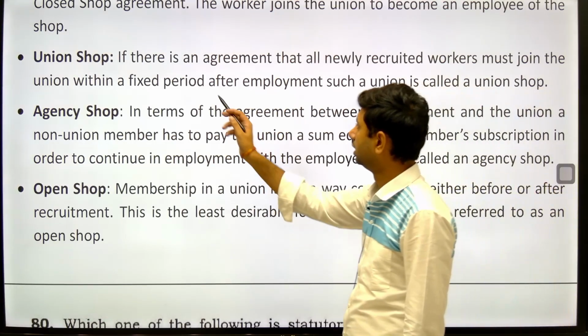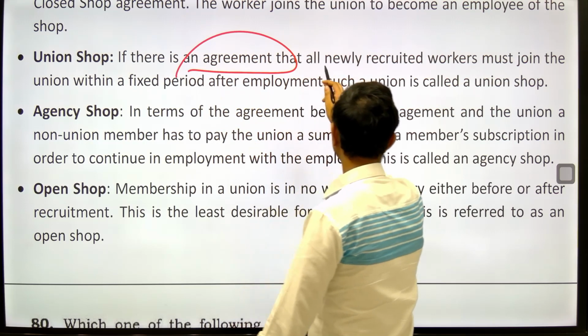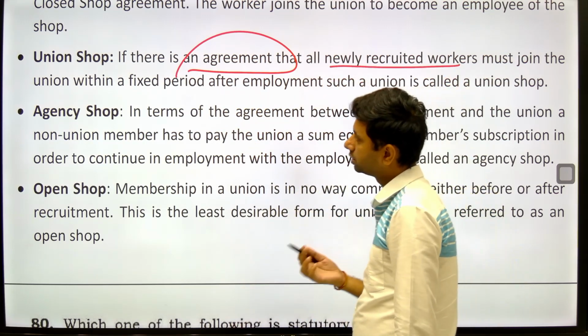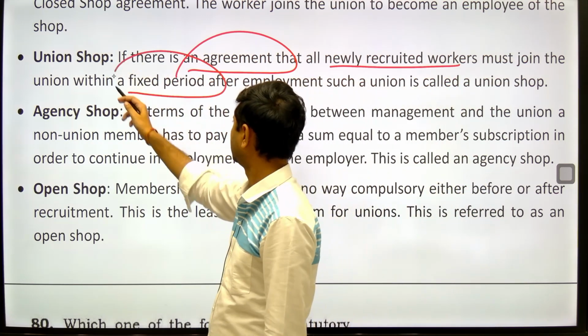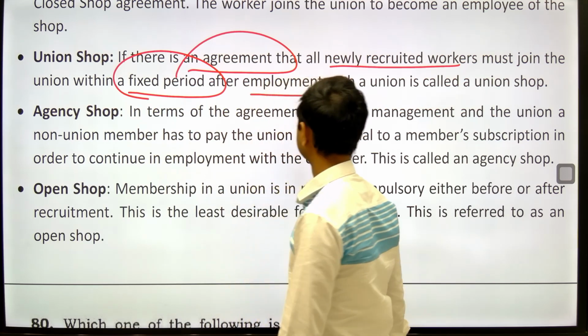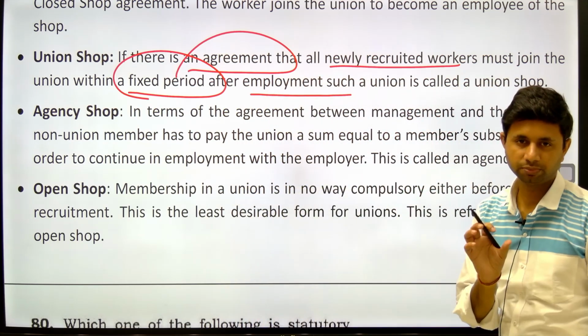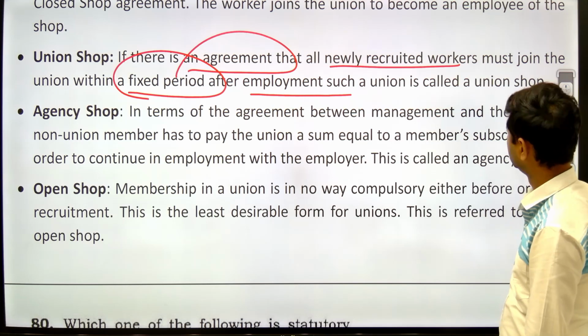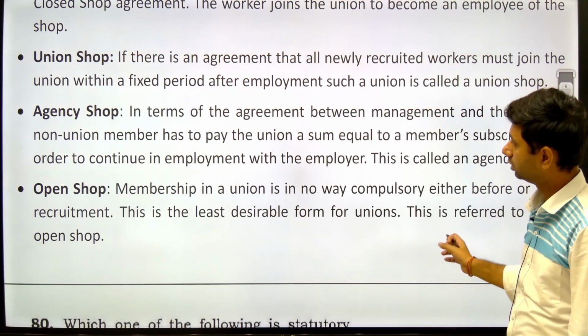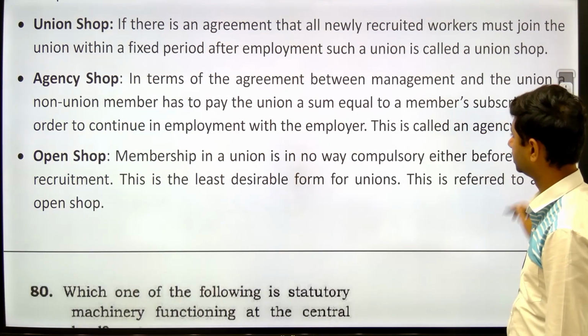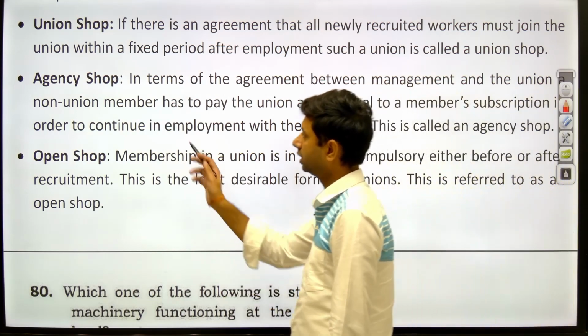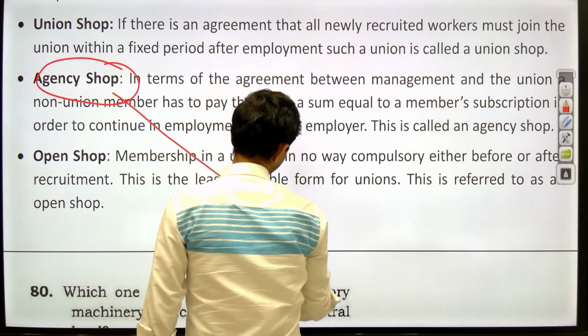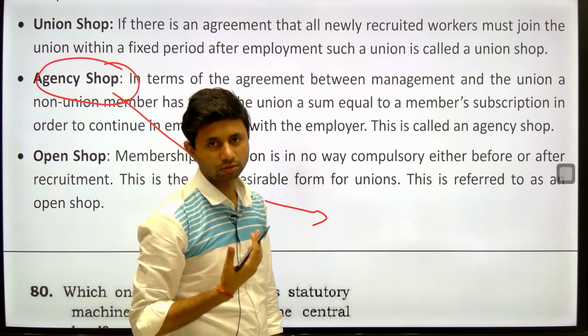Next is union shop. It says that there is an agreement that all newly recruited workers must join the union within a fixed period after employment. Next is agency shop, where there are no conditionalities with respect to joining trade unions.